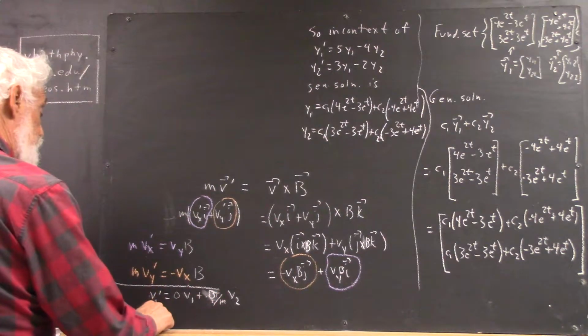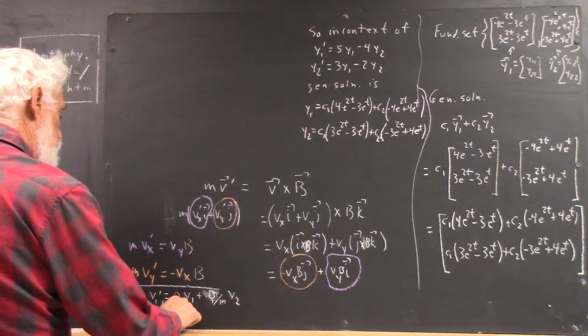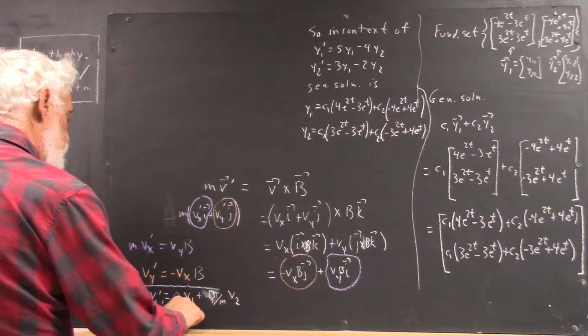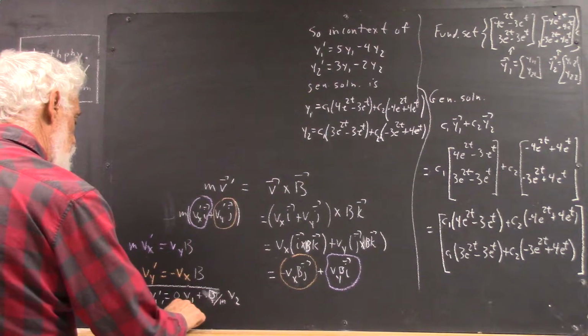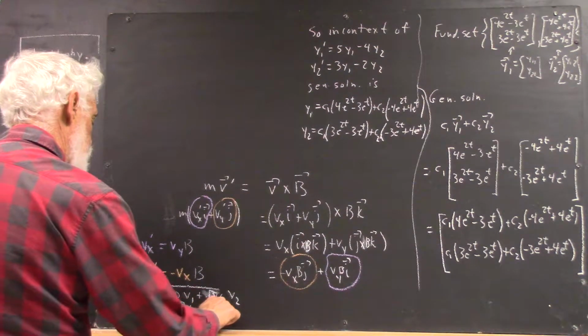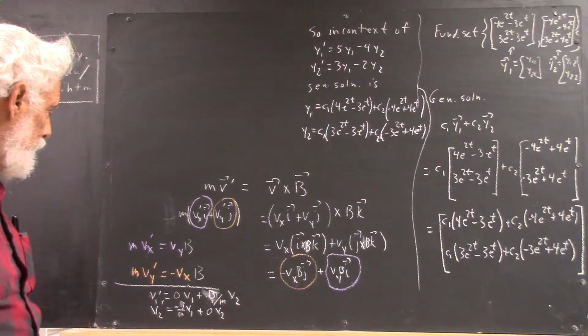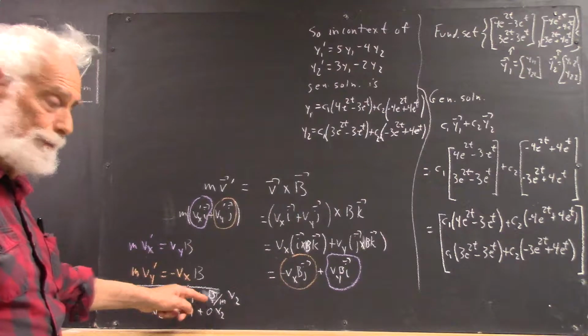And this would be V2 prime equals negative B over M times V1 plus 0 V2. Okay? So there's our system.